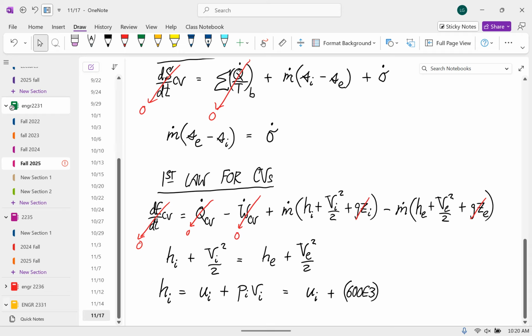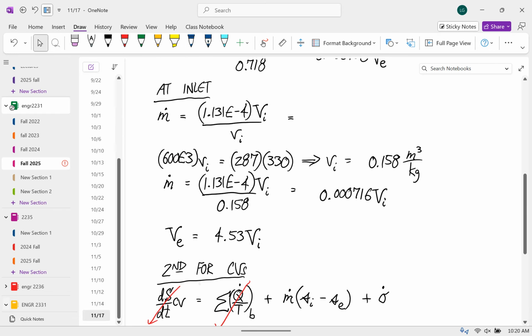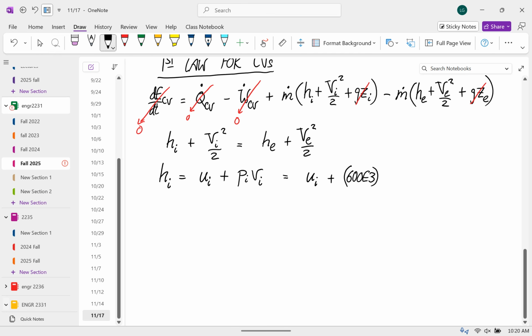That was at the inlet, right? So that is Ui plus 94,800.